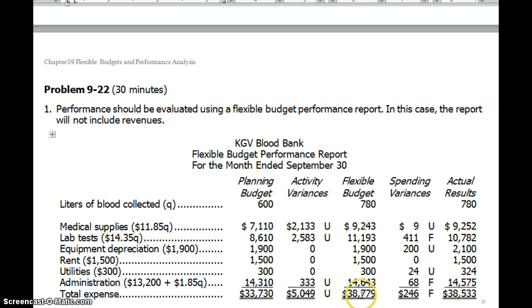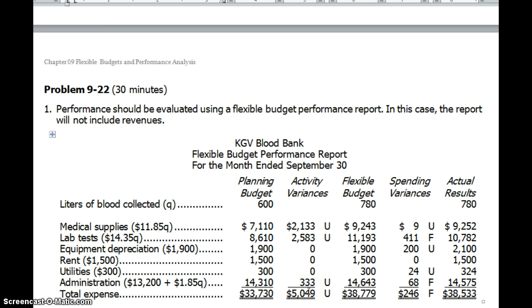In total, our flexible budget costs work out to be $38,779, when this planning budget has been flexed for the actual quantity, compared to $33,730 in the original planning budget. There's an activity variance of $5,049.